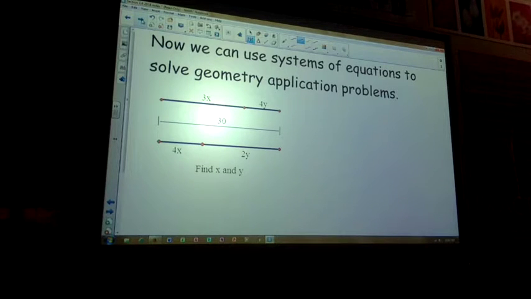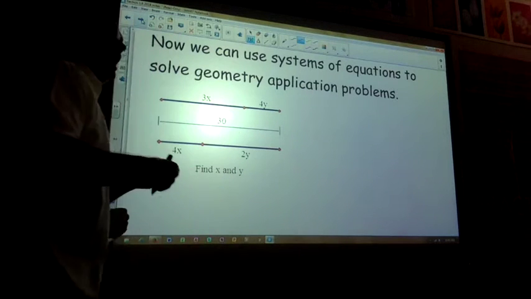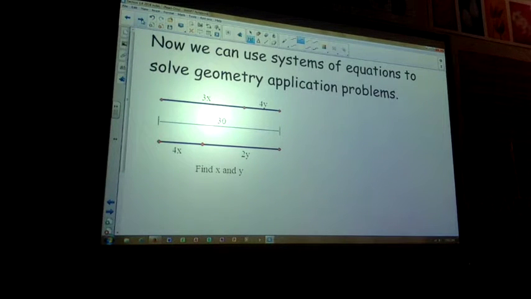We can now use systems of equations to solve geometry application problems. Okay? So let's do this. If I add this and this together, I can add the two together because of which postulate? Segment addition postulate.